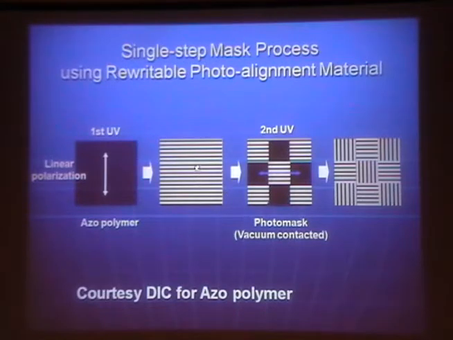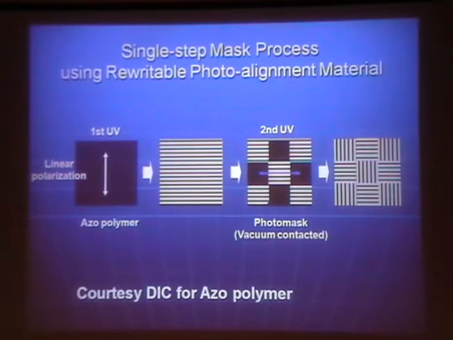So after processing the whole area to align the liquid crystal this way, you can apply a mask, exposing half of the domains, then irradiating the exposed area with light polarized perpendicular, and you get the final checkerboard pattern.